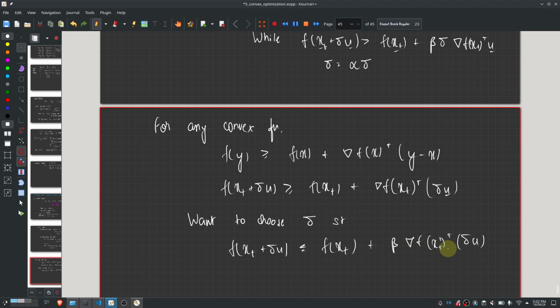Remember that this quantity is negative, right?